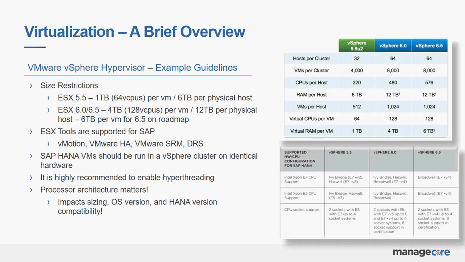It is highly recommended that you enable hyper-threading, and again, reiterating that processor architecture matters. It will impact everything, and you can see on the side some of the charts there, what's supported, what's not in vSphere. And again, please check the latest documentation when it comes time to do this.